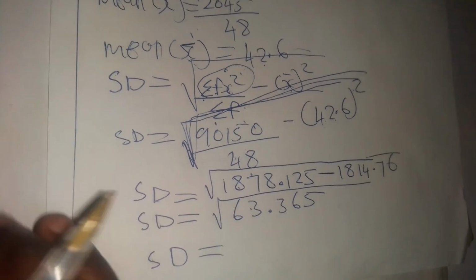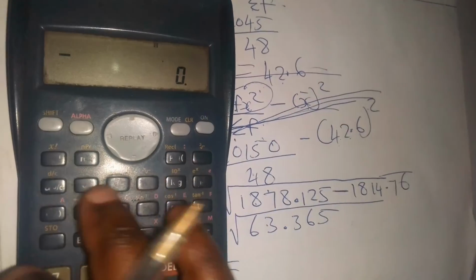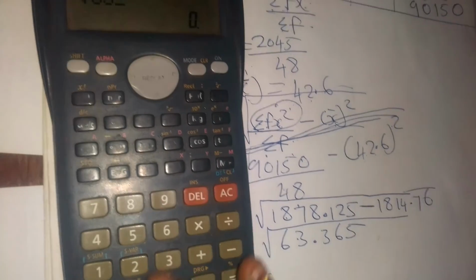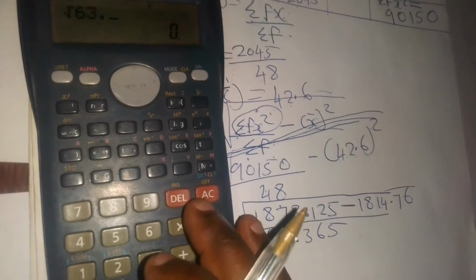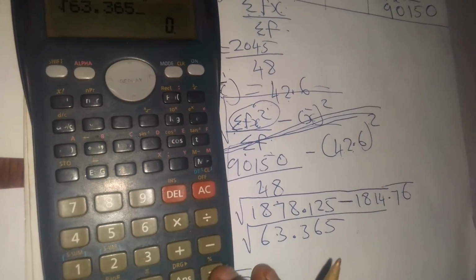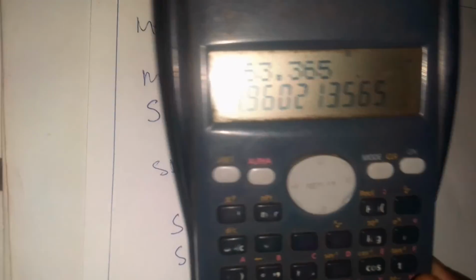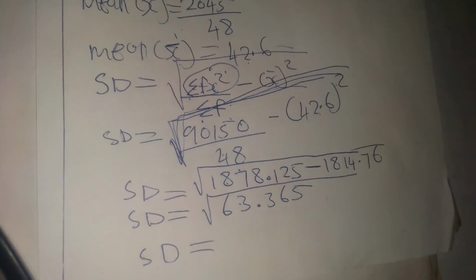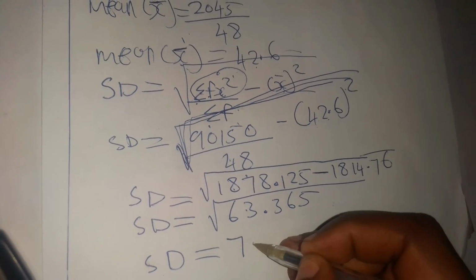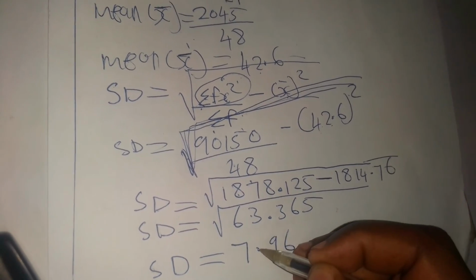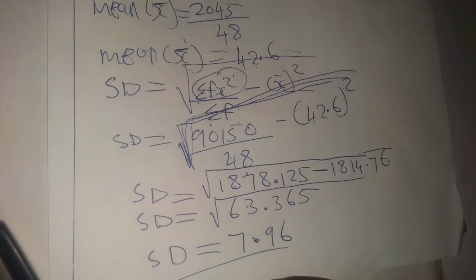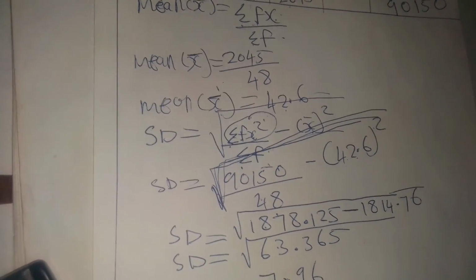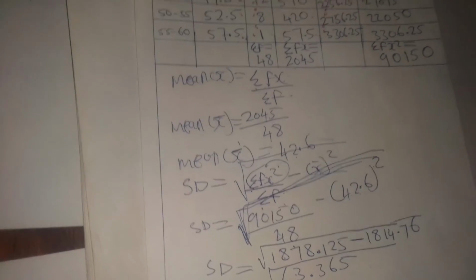SD equals the square root of this number, 63.365. The square root we get 7.96, correct to 3 significant figures. Therefore, this is your standard deviation, and you get 6 marks for doing that.